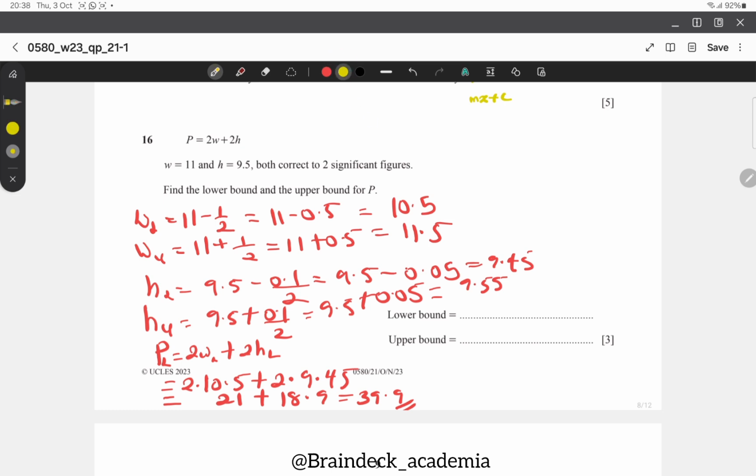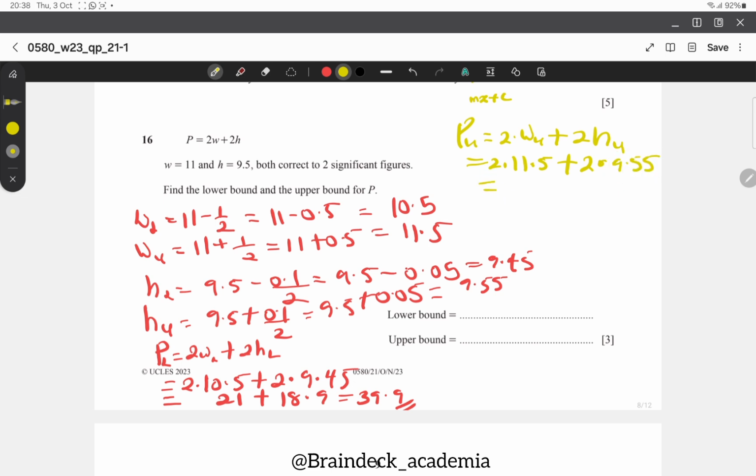Then the upper bound for P, it will be 2 times W upper bound plus 2H upper bound. So that will be 2 times the upper bound for W, 11.5, plus 2 times H upper bound, 9.55.